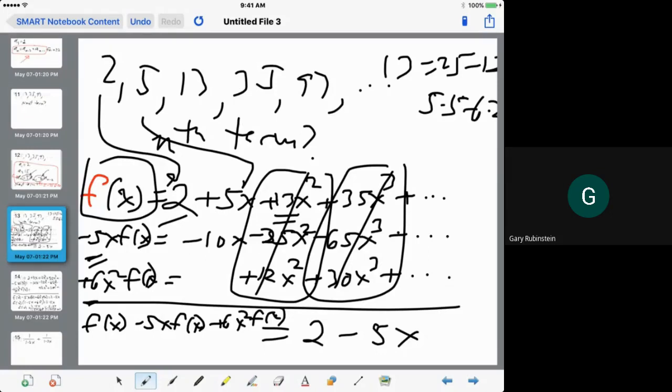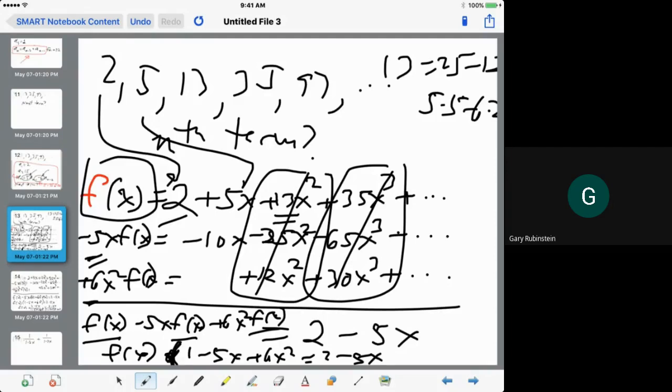I do have a lot of f of x's here. Any thoughts? Yes, solve for f of x. If I factor out the f of x on the left, I get f of x times 1 minus 5x plus 6x squared equals 2 minus 5x.